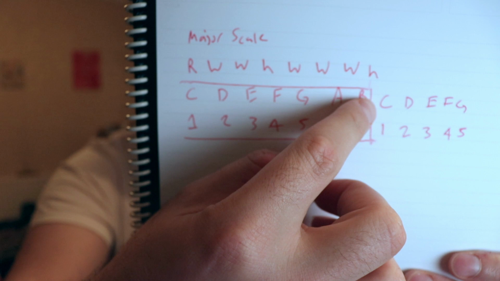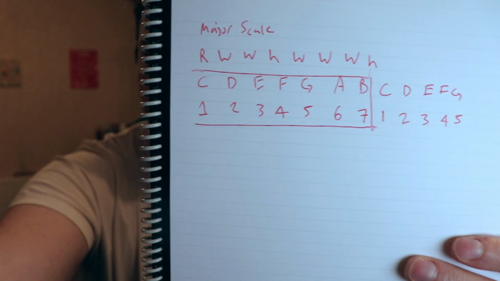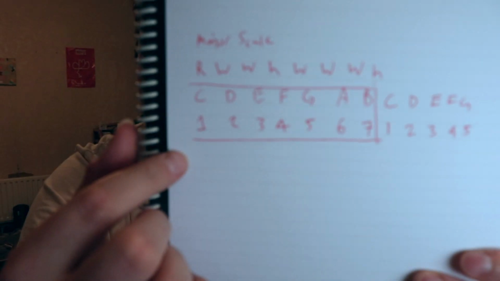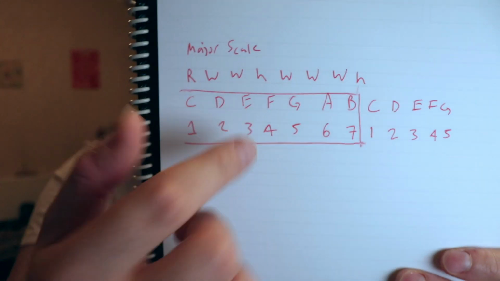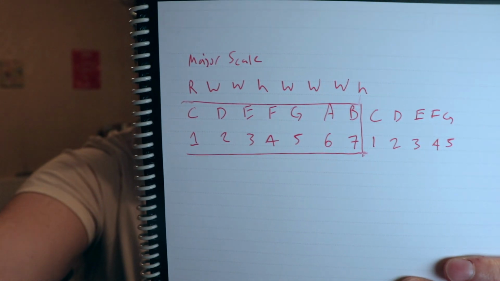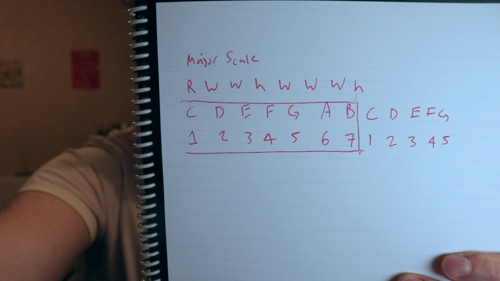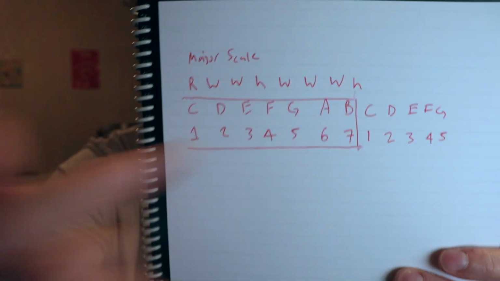It ends on that whole step. So that is our final scale degree. We have C being 1, D 2, E 3, F 4, G 5, A 6, and then B 7. Great, those are our scale degrees, and that is the system to it.